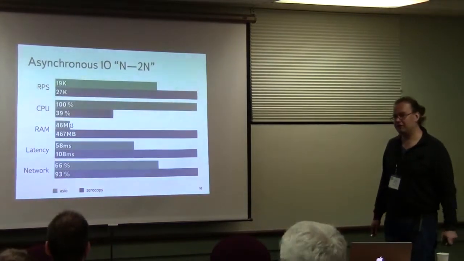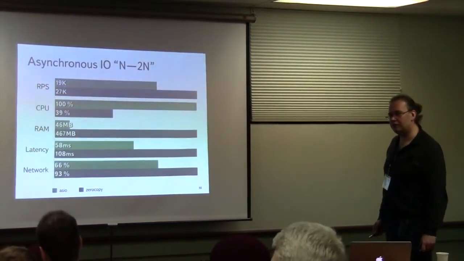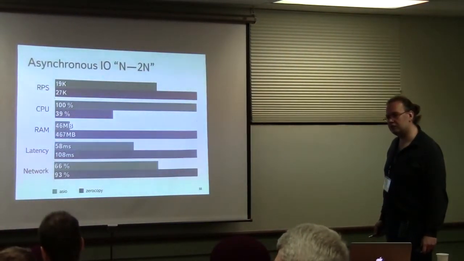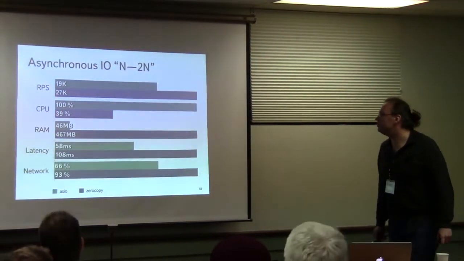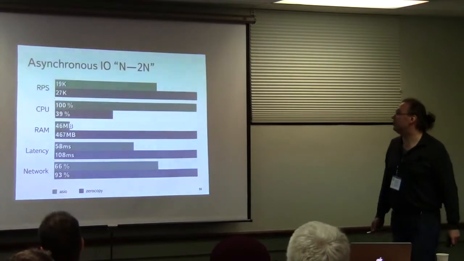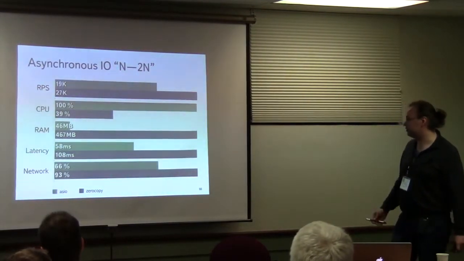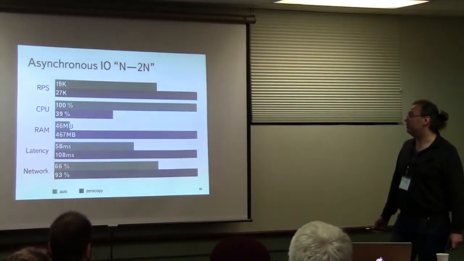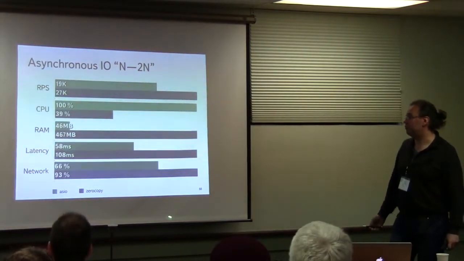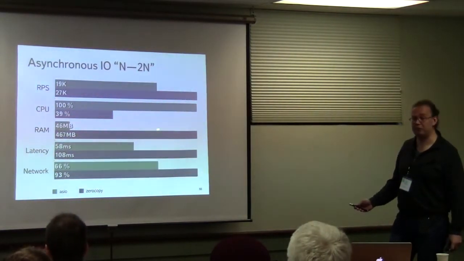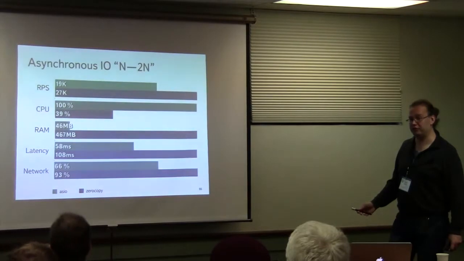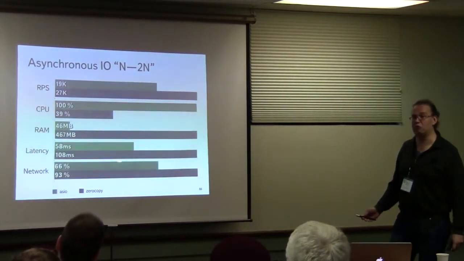Just a quick question here. Do you have any idea why your RAM usage is about 10 times higher while your requests per second is not? It is because we can handle more connections, because we do not hit the CPU limit, and we process more connections, so we need to allocate much more memory.